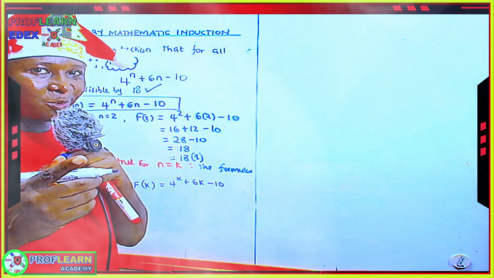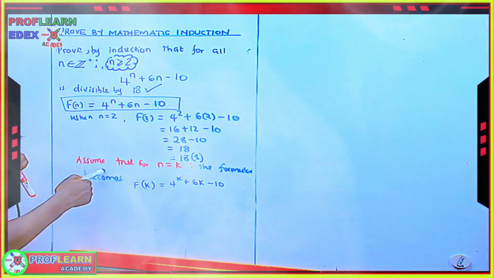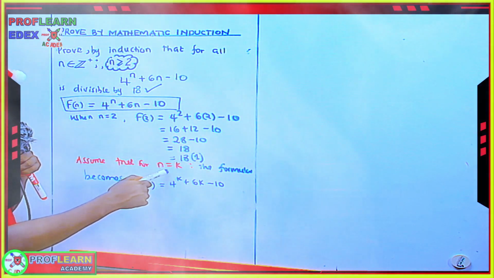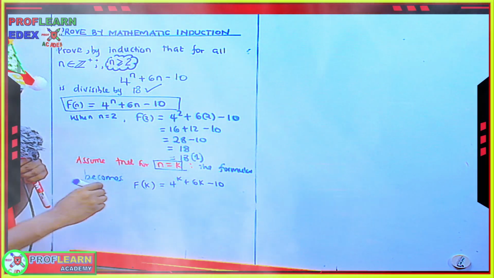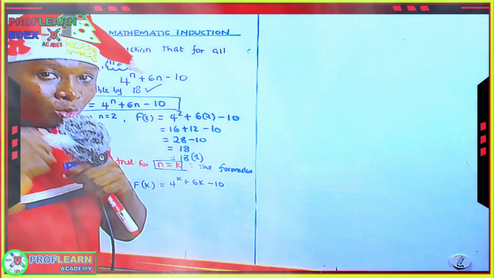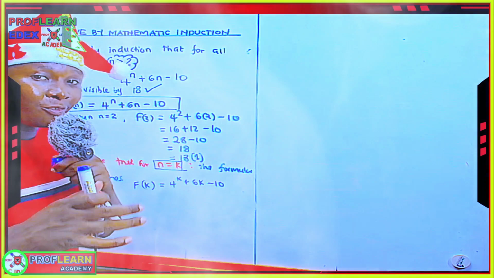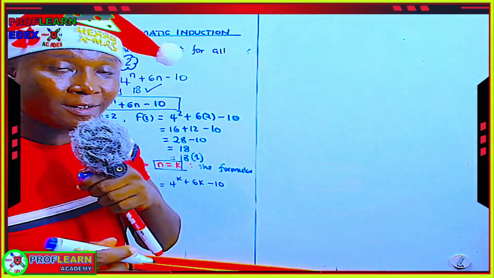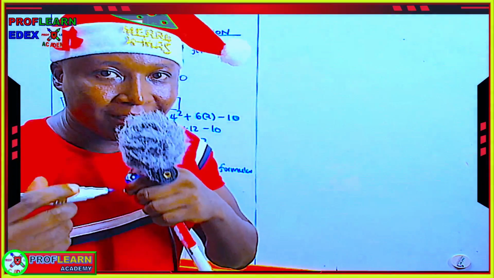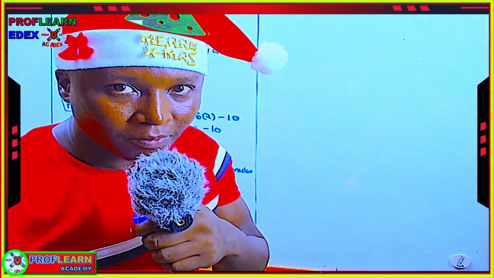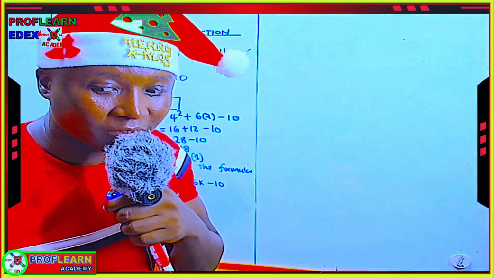So if it was true for n equals to 2, and we are assuming it is true for n equals to k, assumption stage, now we are going to check whether it's true for n equals to k plus 1. If it's going to be true for n equals to k plus 1, then we will have proven by mathematical induction that this expression is true for all positive integers of Z.